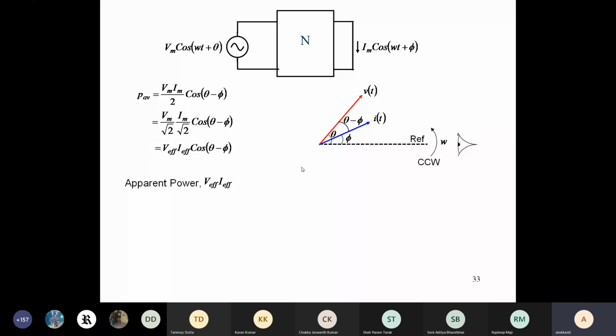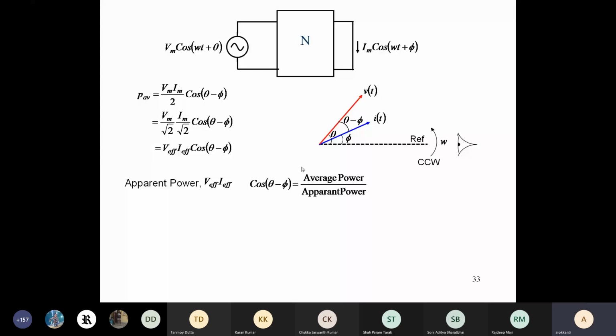So cos theta minus phi is the average power by the apparent power. This theta minus phi is a property due to the circuit elements; it will be totally dictated by the circuit parameters.